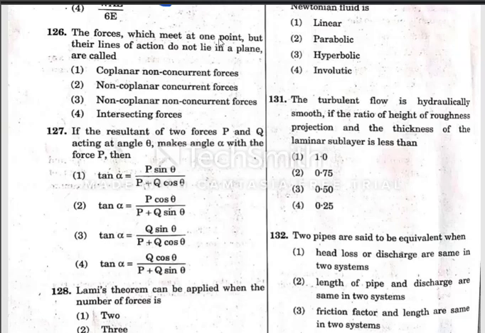Question: the forces which meet at one point but their lines of action do not lie in a plane are called as. Forces which meet at one point are concurrent forces, but their lines of action do not lie in the same plane, which means non-coplanar.